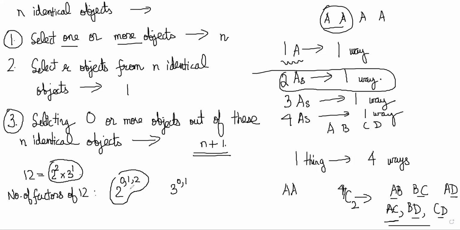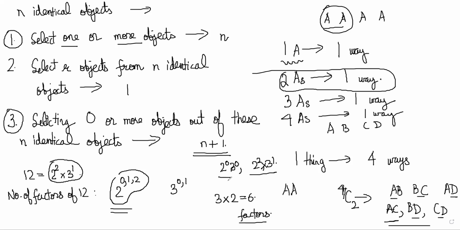To count factors, you will have to count the number of 2's in the prime factorization. The number of ways to select 2 will be 3, and the number of ways to select 3 will be 2. So there will be 6 factors, including itself and 1. 6 factors which will include 2 power 0 and 3 power 0 and also include 2 power 2 and 3 power 1.